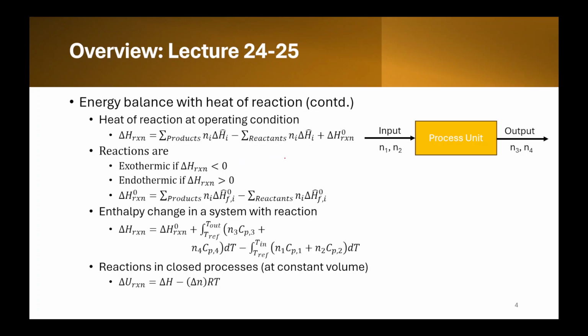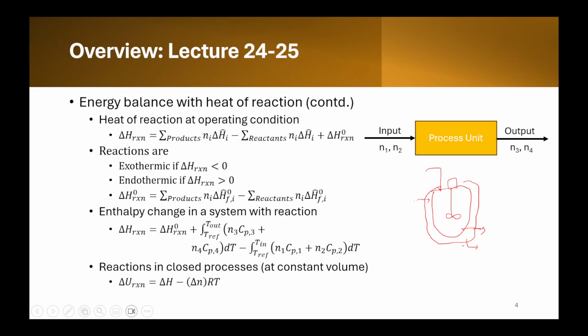Suppose there is a reaction occurring in this reactor and you need to keep it at isothermal condition. Around it there's some jacket, and there will be some outlet and inlet for the jacket as well.